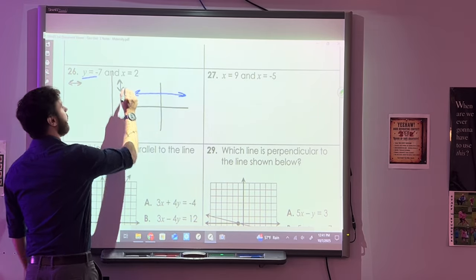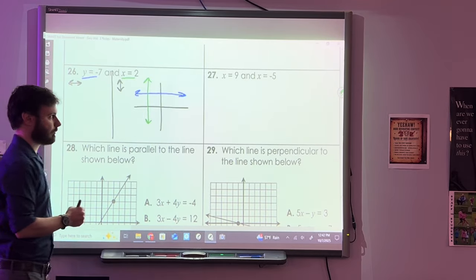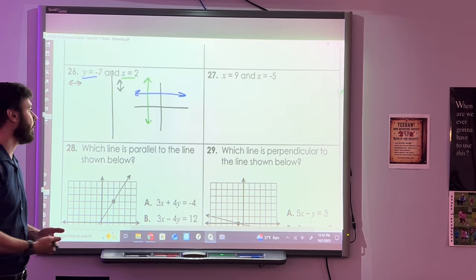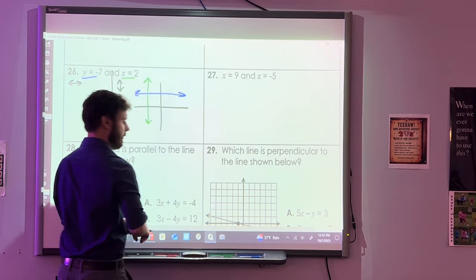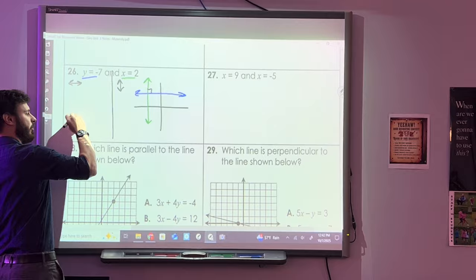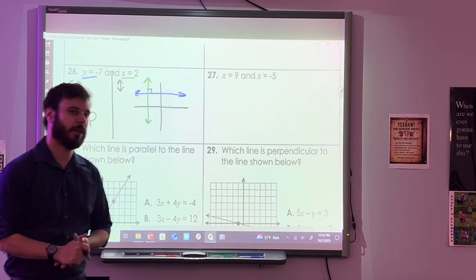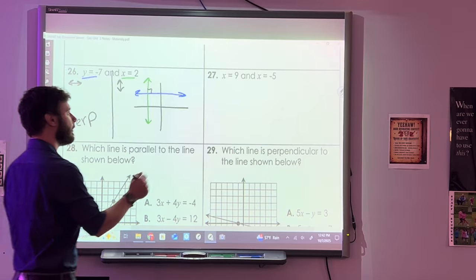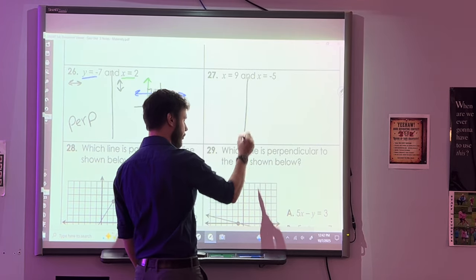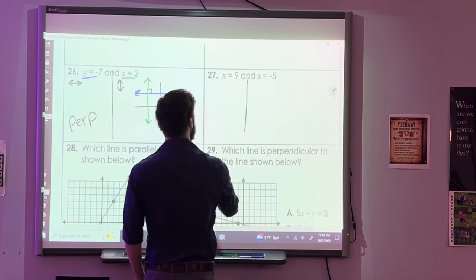And you might have your X line looking like that. Always and forever, there's gonna be a 90-degree angle here. So these will always be perpendicular. When you have an X line and a Y line, always perpendicular. Here, you have two X lines, which means that you have two up and down lines.